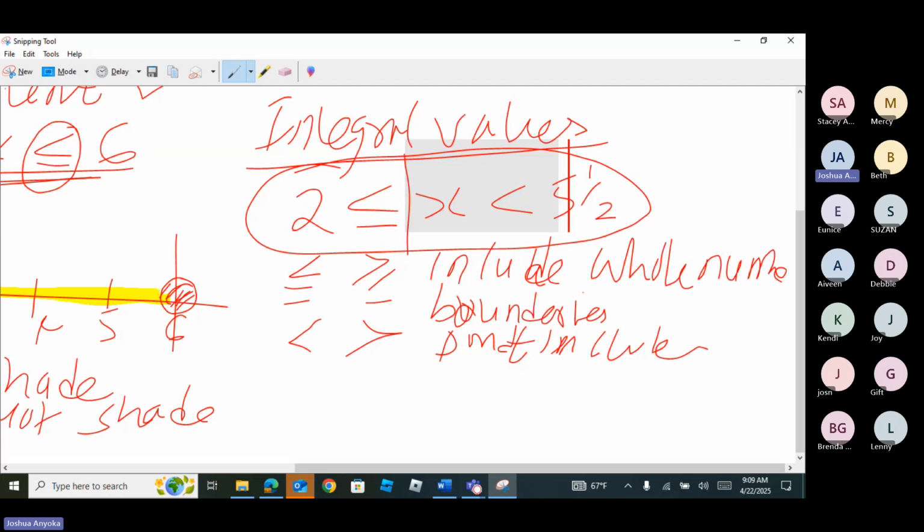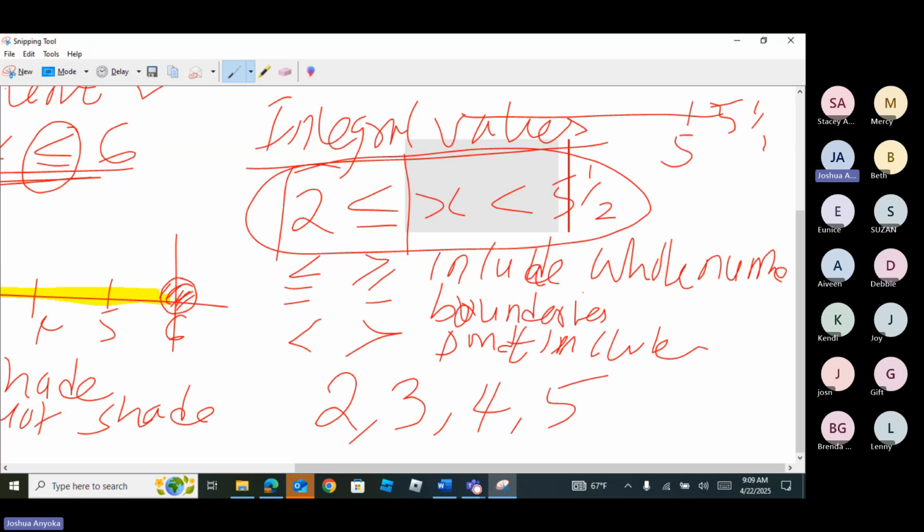So for our statement here, what are the integral values? Our first boundary is a whole number, and it has less than or equals to. So our first integral value is 2. Then we have 3, 4. We move to 5, but it is 5.5. So 5 is included. We don't include 5.2 because it is a decimal, and we only include whole numbers. We are approaching 5.5 from this end.